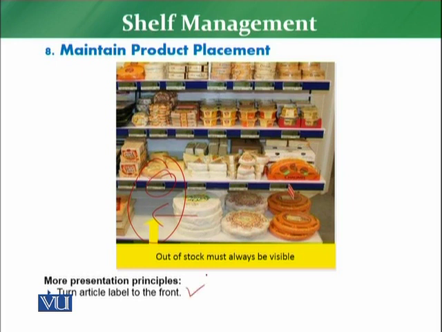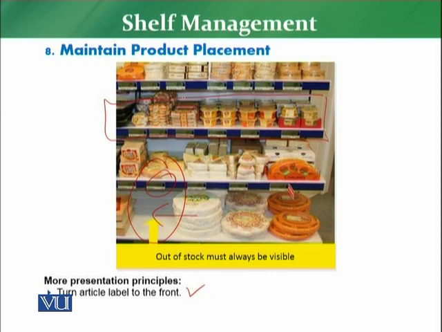And second is about turning article labels to the front. You need to make sure the products have proper facings. Not the backside of the product, the face of the product should be in front. So the eighth principle was about maintaining the product placement. There is a set schedule and a set rule for it.